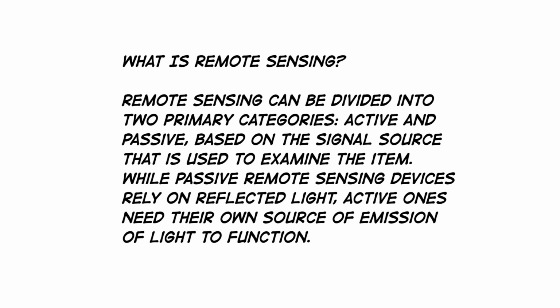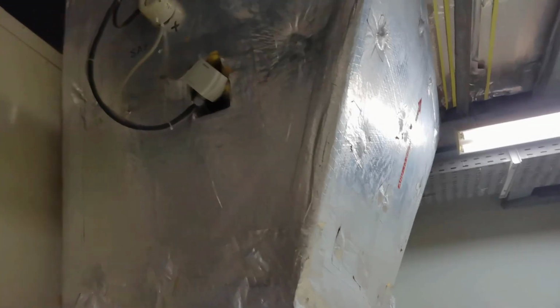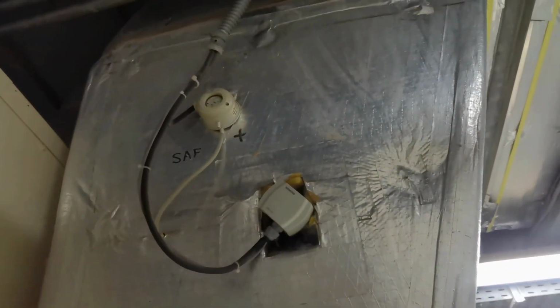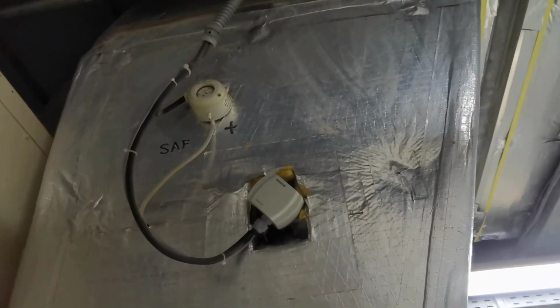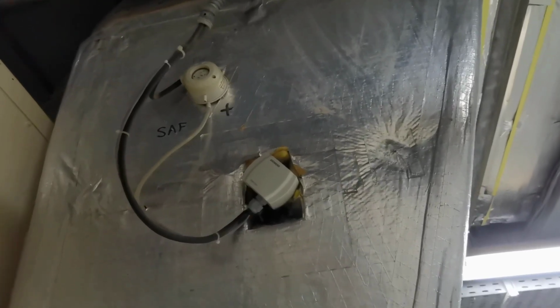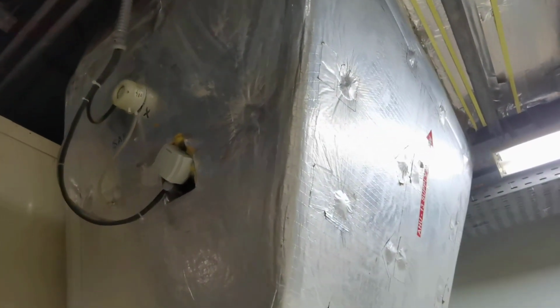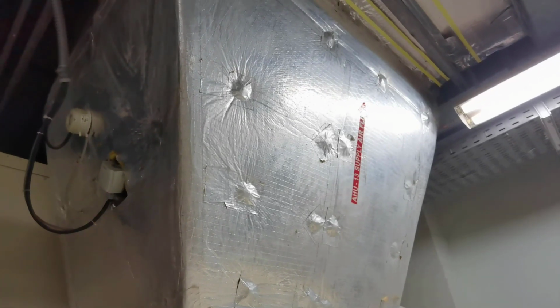Active ones need their own source of emission of light to function. The type of sensor is defined by how it works to monitor a specific area as well. A sensor indeed is either active or passive.